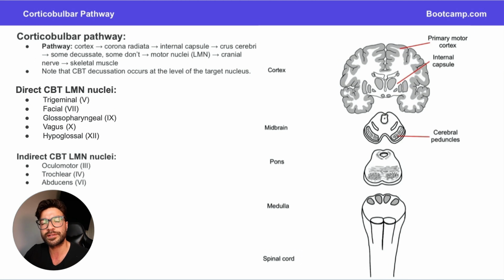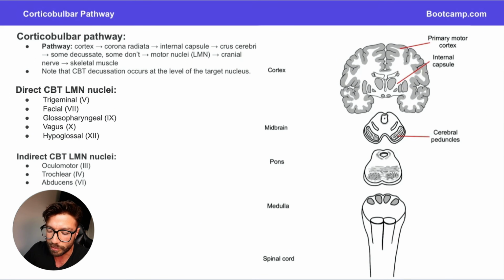And I mentioned that some of the corticobulbar upper motor neurons will decussate and some won't. Usually, if they do decussate, they'll decussate at the level of the lower motor neuron. So it doesn't decussate at a higher point; it goes to its target and then it decussates and innervates that target nucleus. Now, out of all the cranial nerve nuclei, we have some that are directly innervated by the corticobulbar tract and some that are indirectly innervated by the corticobulbar tract.